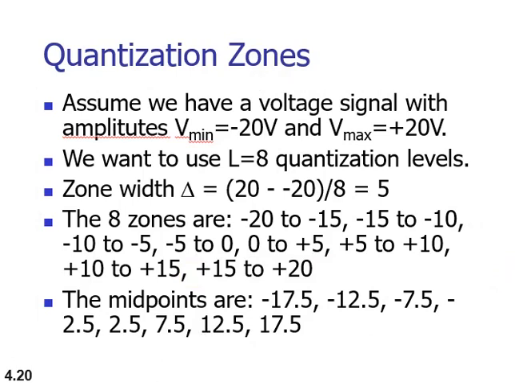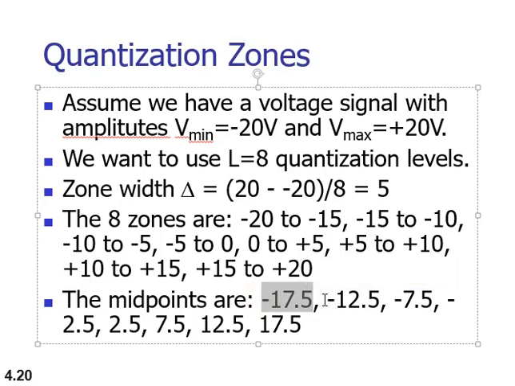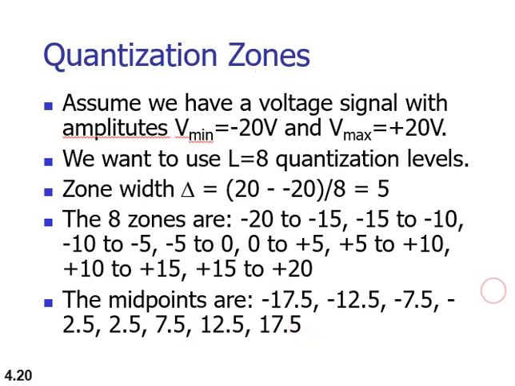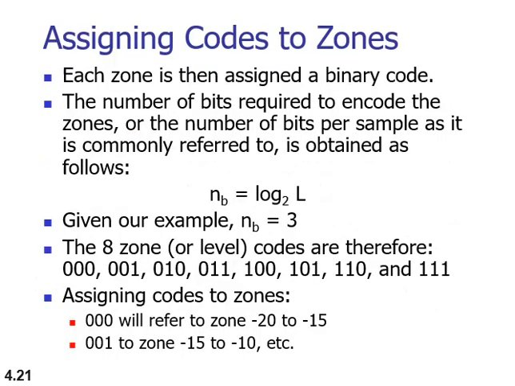The midpoints, if you calculate, will be -17.5, -12.5, -7.5, -2.5, 2.5, 7.5, 12.5, and finally +17.5 respectively.